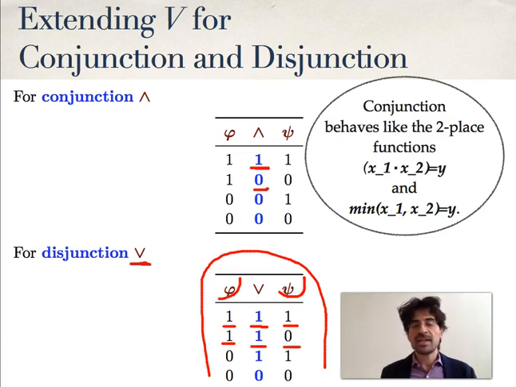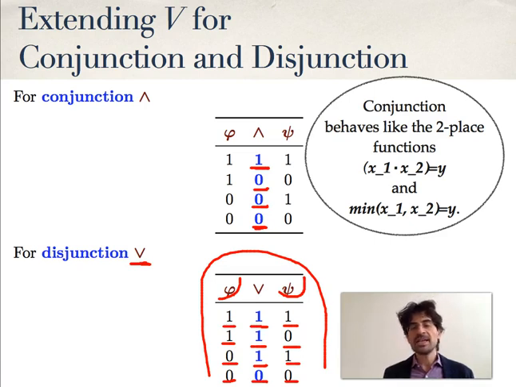Similarly, if we have assigned 0 to phi and 1 to psi, the truth value of the disjunction of the two is again 1, whereas in the case of conjunction it was 0. And finally, if we have assigned 0 to both phi and psi, then the truth value of the disjunction of the two is 0, and this is similar to the case of conjunction.